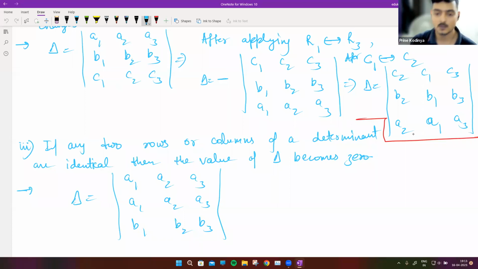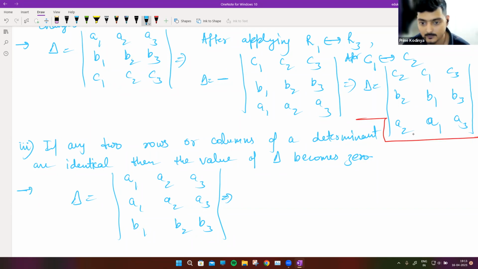Why? I'm interchanging row 1 and row 2. I have learned in the second property that I can interchange any two rows or any two columns of the determinant. But after doing that, I will have to put a negative sign before that determinant.